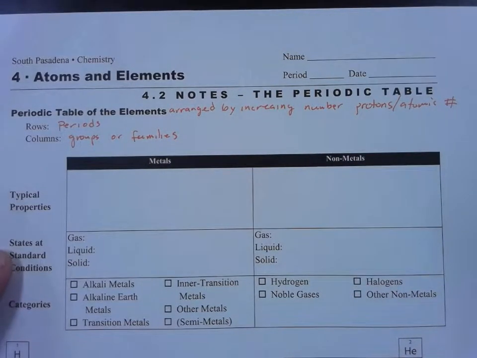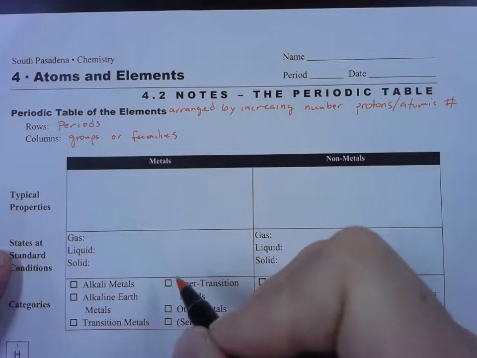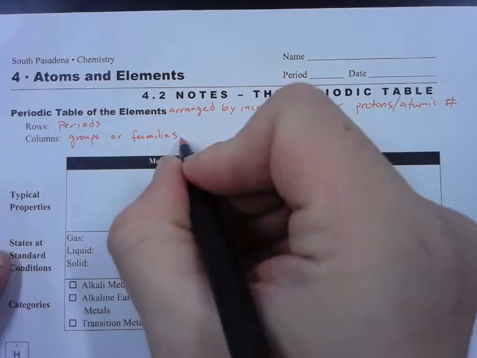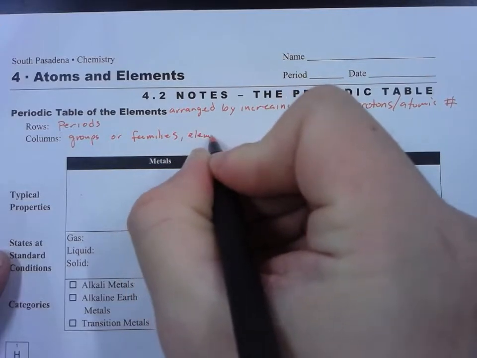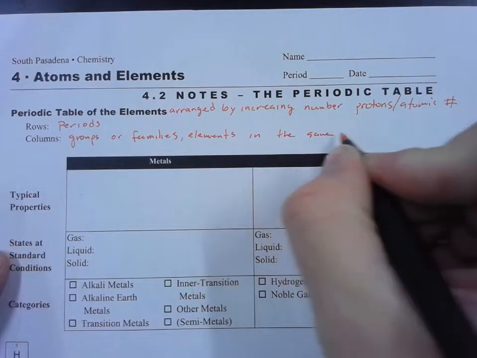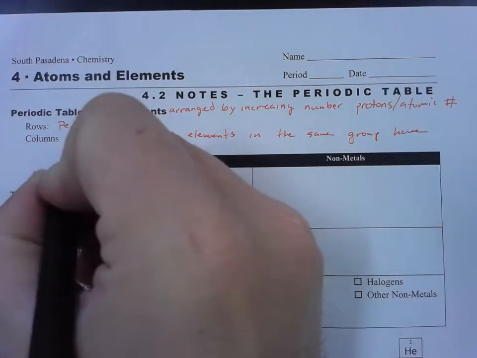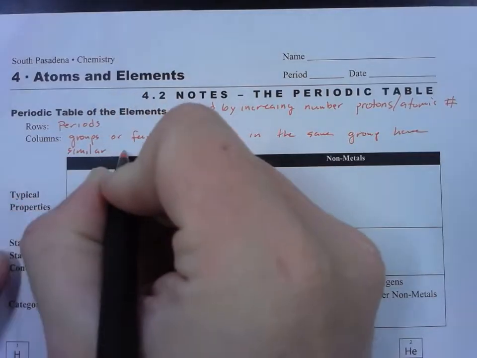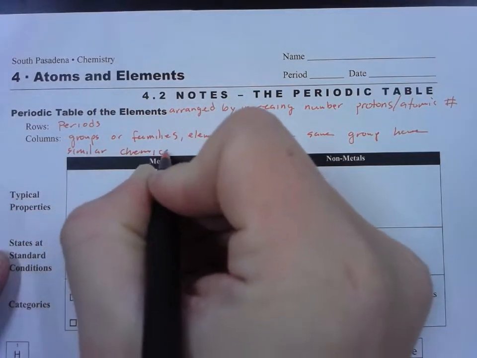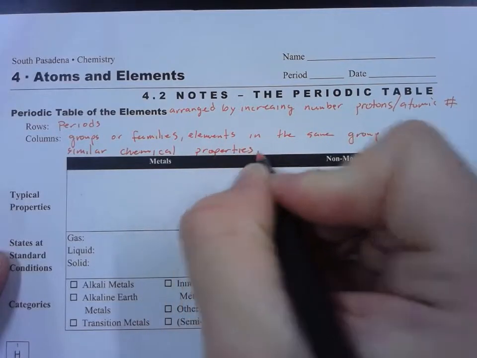Elements in the same group of the periodic table have similar chemical properties. And they also form similar ions.